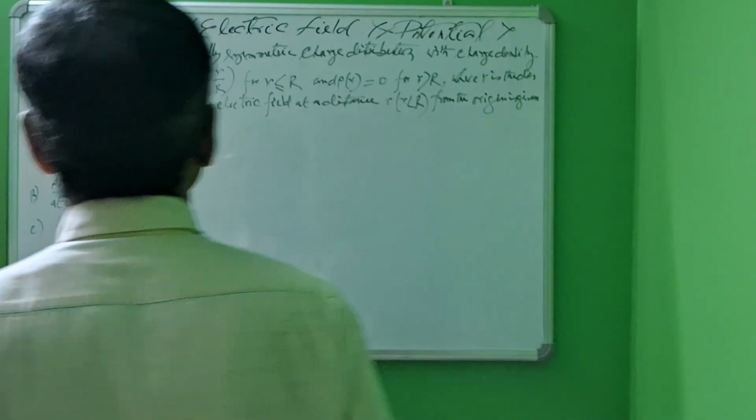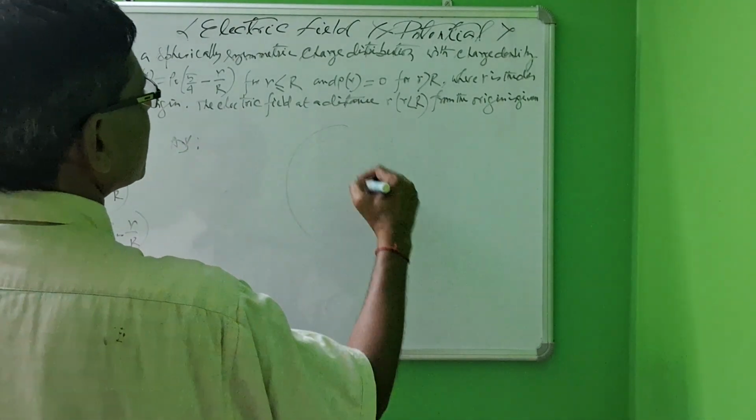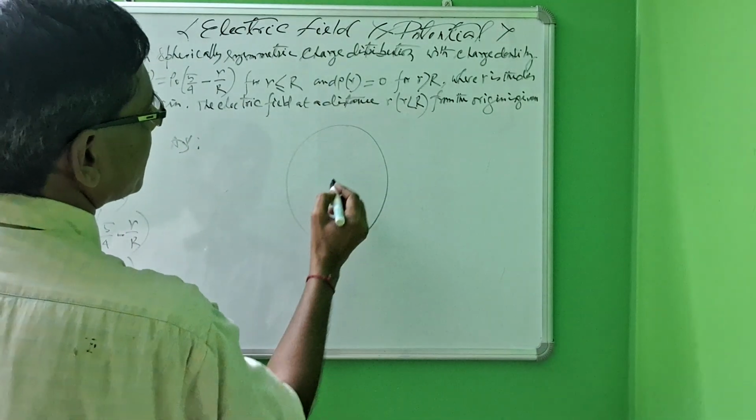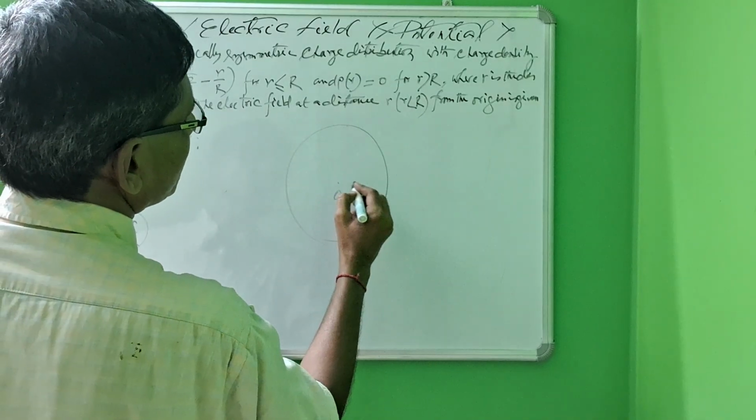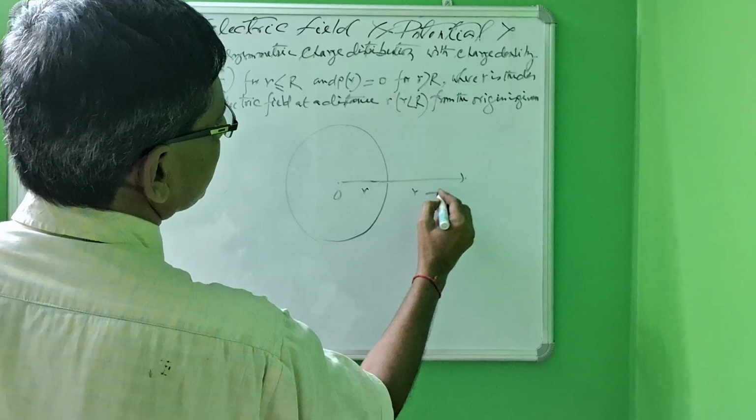So we can write here, this one is a Gaussian surface, small r from O. This is the small r going this way.